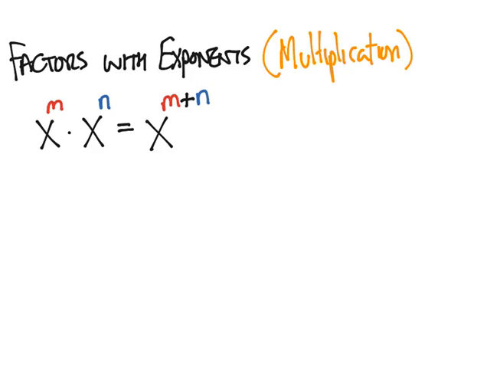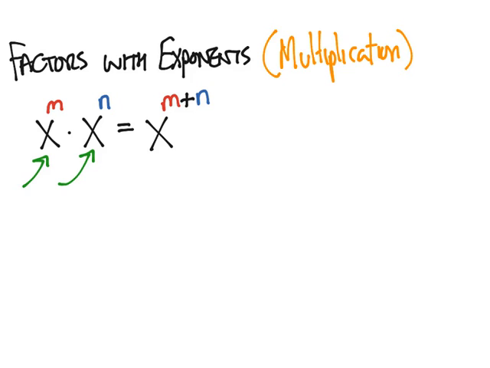This only works when our base is the same. The value of the base must be the same. Whether it's x or 3 or 12, it has to be the same value raised to a power to be able to multiply them together.